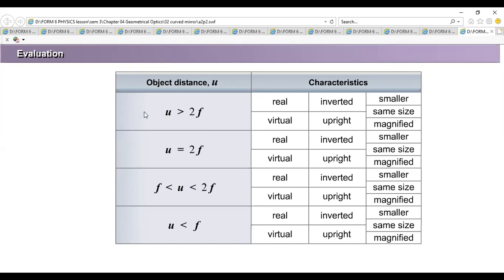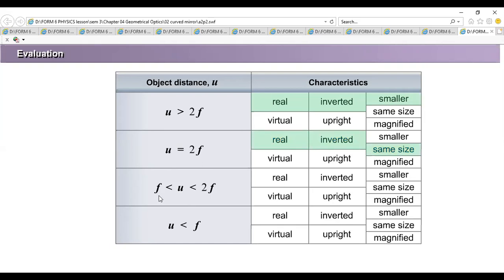If U is greater than 2F, the image formed will be real, inverted, and smaller. If U equals 2F, very special, that means U equals C, the image will be real, inverted, and the same size.